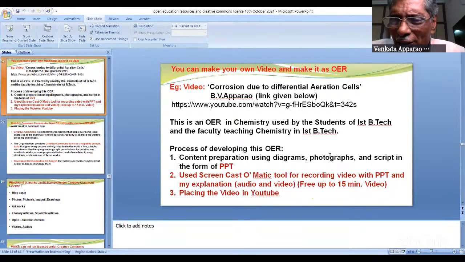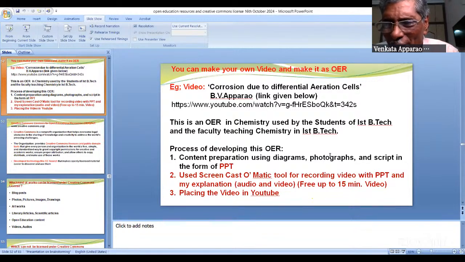But in that PPT, don't put only text. It will consist of the text matter, photographs, and also diagrams, all. Then there is a free and open source tool called Screencast-O-Matic for recording video with PPT and my explanation, both audio and video.